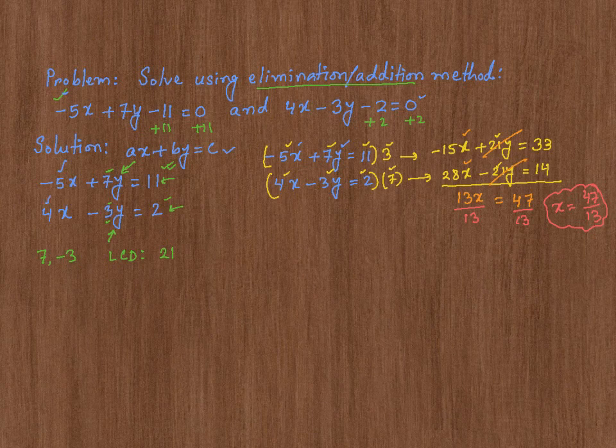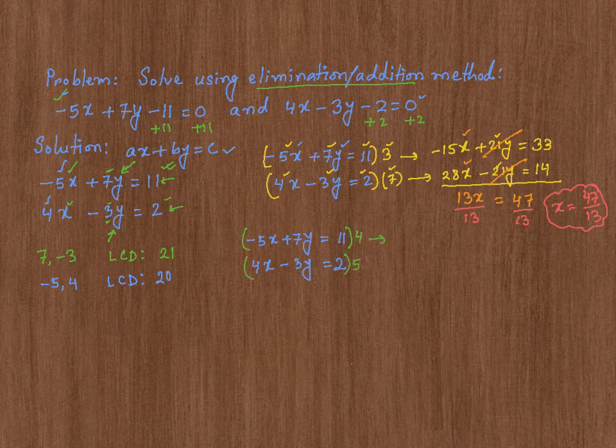The positive LCD of negative 5 and 4 is going to be just 20. Now our objective is going to be to make one of the coefficients of x negative 20, another one positive 20. To do so, I am going to take this equation and multiply it by 4 and take this equation and multiply it by 5.